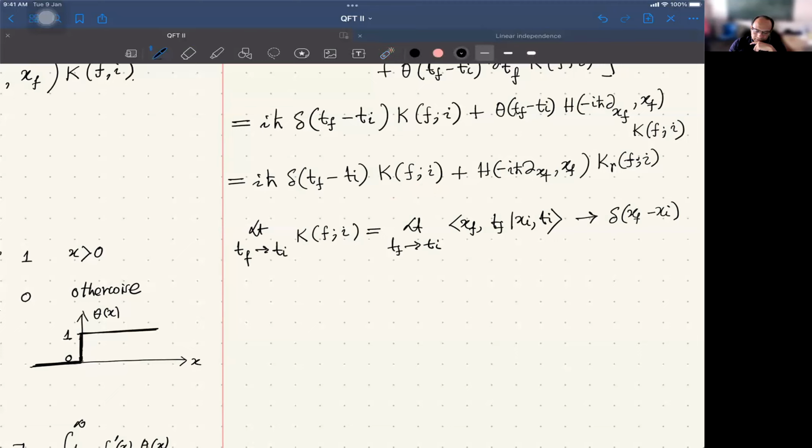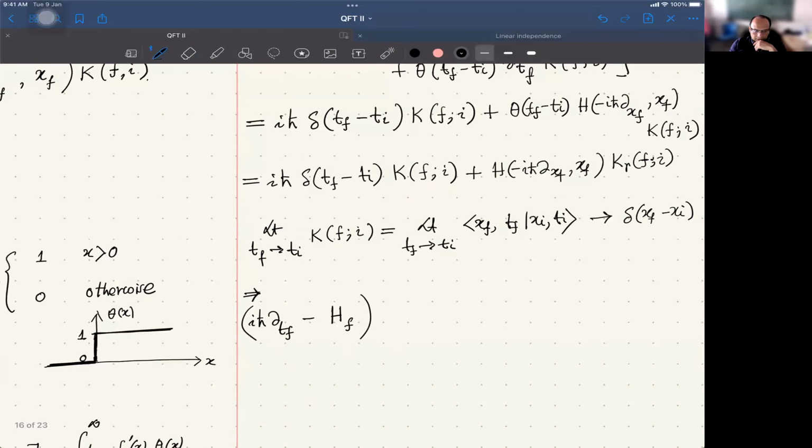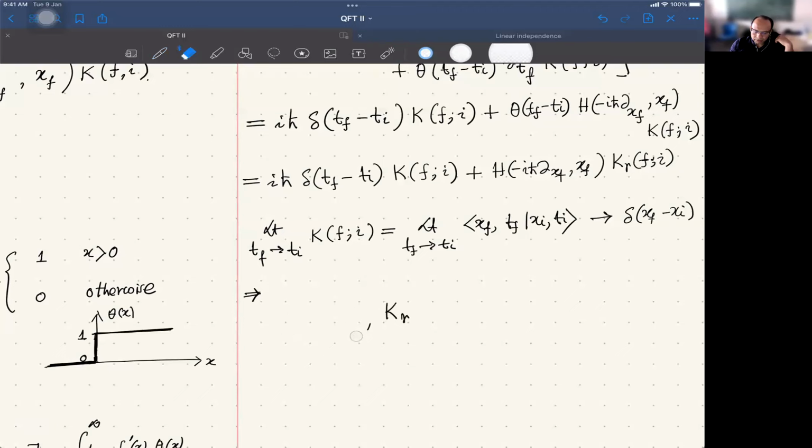Now, therefore, the final result is that i h bar del/del t_f minus H, where all these x's are calculated at x_f, acting on the retarded propagator. Maybe I should just get rid of this f index because it is not needed anymore.